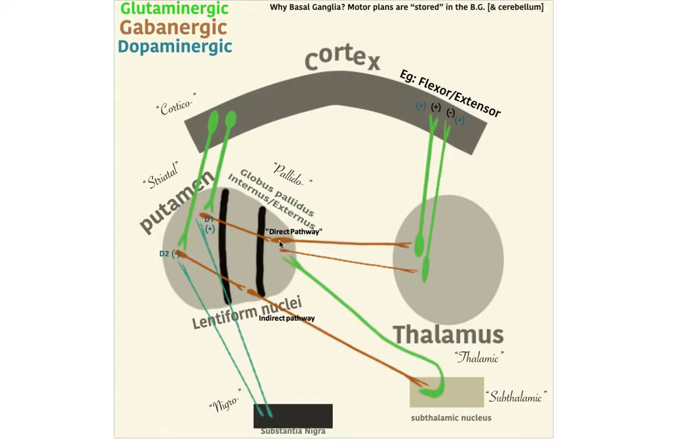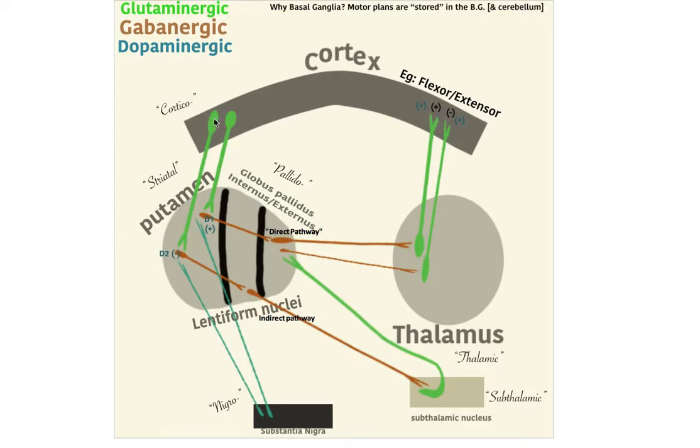What happens when you inhibit an inhibitor is that this neuron doesn't fire. And so this neuron, which is glutaminergic, is free to fire and send a signal back to the cortex. So overall, the effect of the direct pathway is to stimulate firing back in the cortex. As you can see, I've noted that as a positive sign here.